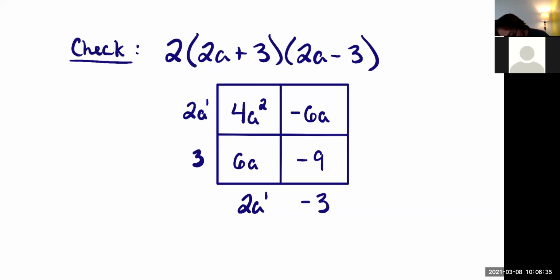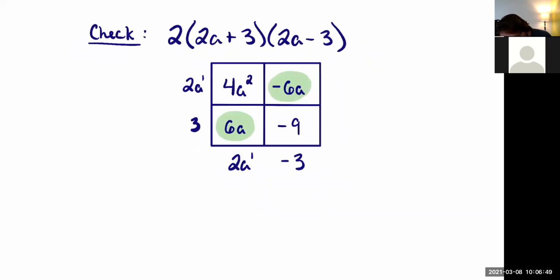And what we liked about the box was usually at this diagonal, we had like terms, but what do you notice these like terms are going to do? Cancel each other out, because 6a plus a negative 6a is 0a, which is gone. So multiplying those two binomials together, I get 4a squared. The like terms cancel, so that leaves me with negative 9.